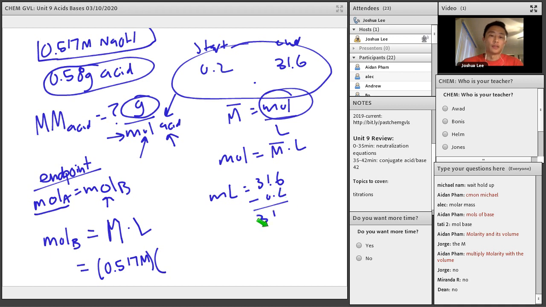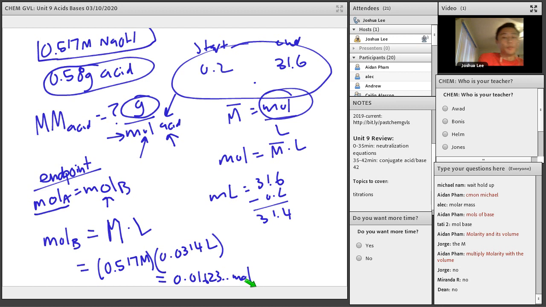This gets us to 31.4, but this is in milliliters, so all we have to do is change it to liters. Then if we do this, we get as our moles 0.01623 and so on moles.